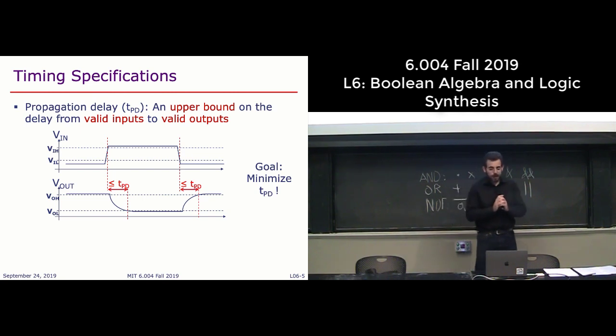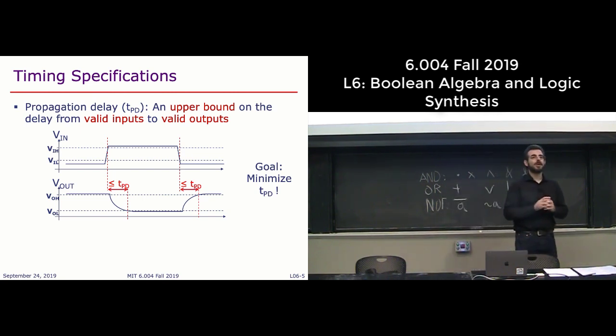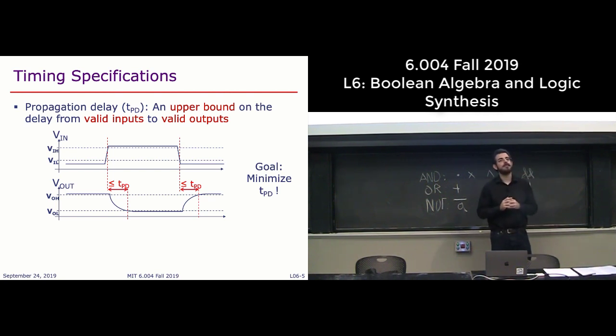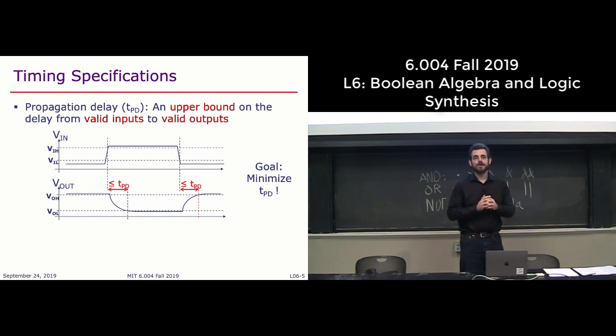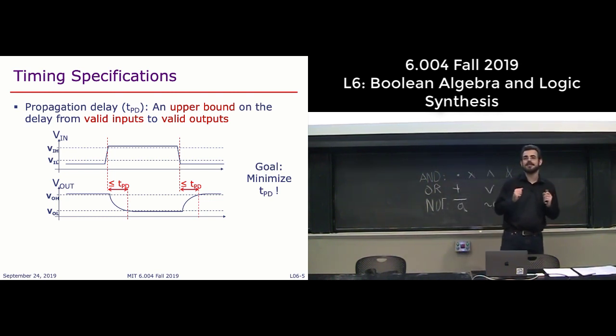Well, this is not going to be obvious for a while, but this requires going a few topics ahead into sequential logic. And at a very high level, when you buy a laptop with a particular processor, it's advertised with some frequency, right? Like this processor runs at 4 gigahertz.